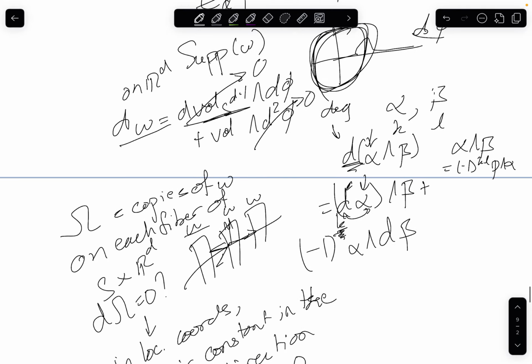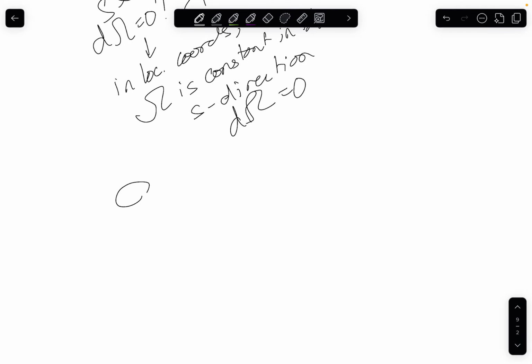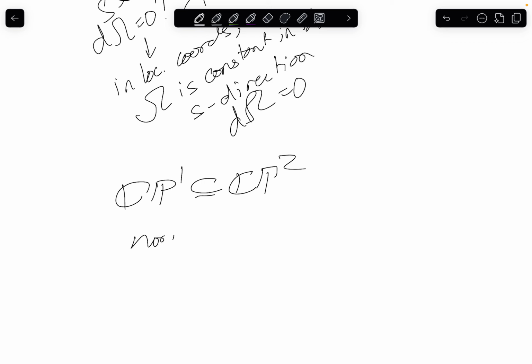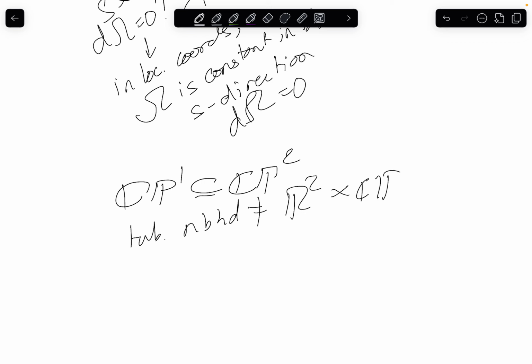We've already seen an example of this, because if we look at CP1 inside CP2, which is just a hyperplane, then we know that the normal bundle, the tubular neighborhood, cannot be R2 cross CP1. Because if it was, let's say this is CP1, and let's say this is R2.